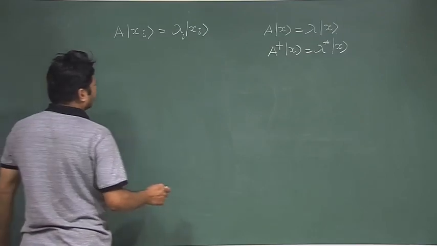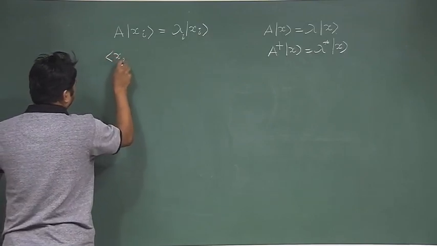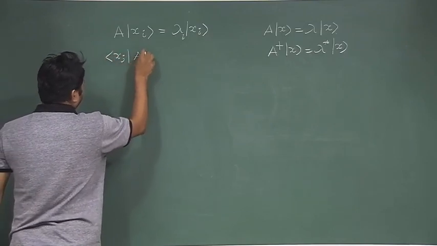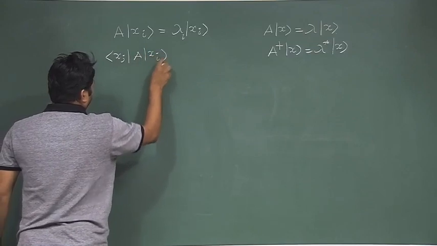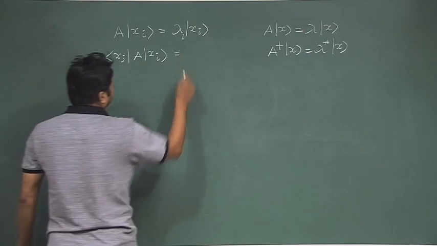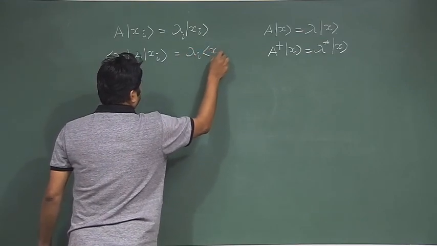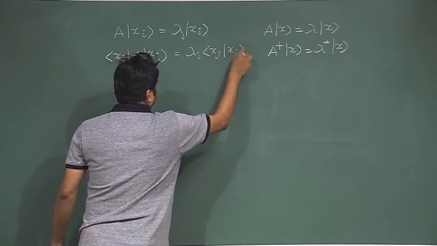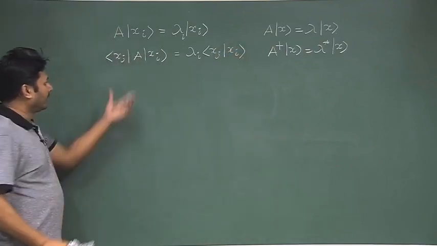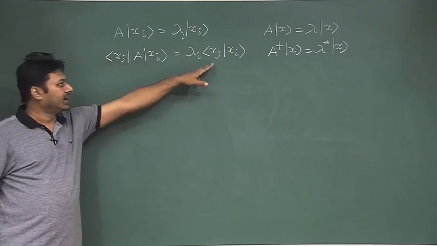Now I operate this with x_j, A x_i, and I will get lambda_i x_j x_i. I get this element, this is j, this is i, I just operate x_j and I will get something here.